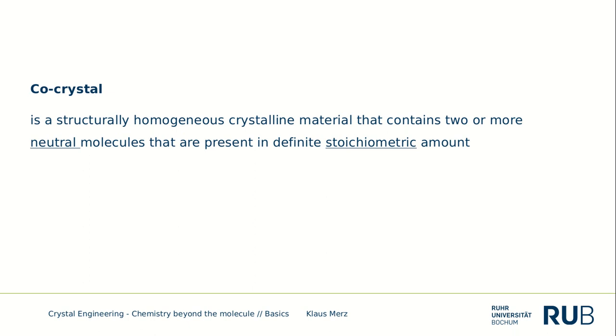In the context of this lecture series, I would say a co-crystal is a structurally homogeneous crystalline material that contains two or more neutral molecules, not ionic species, very important, present in a definite stoichiometric amount.